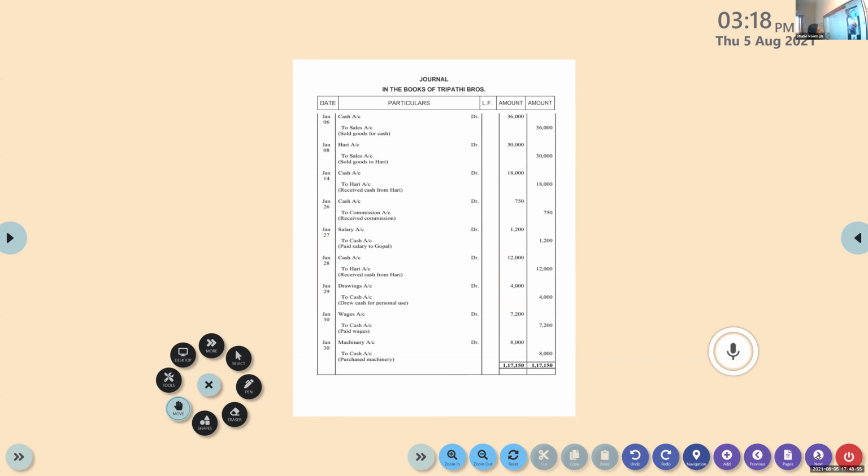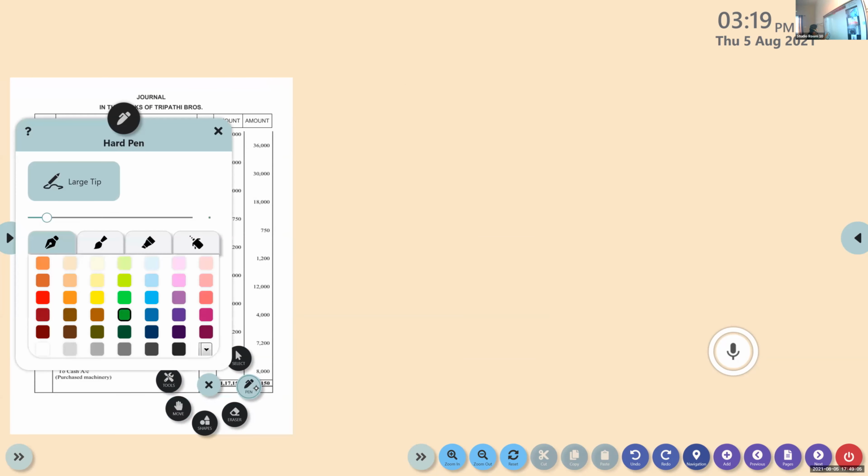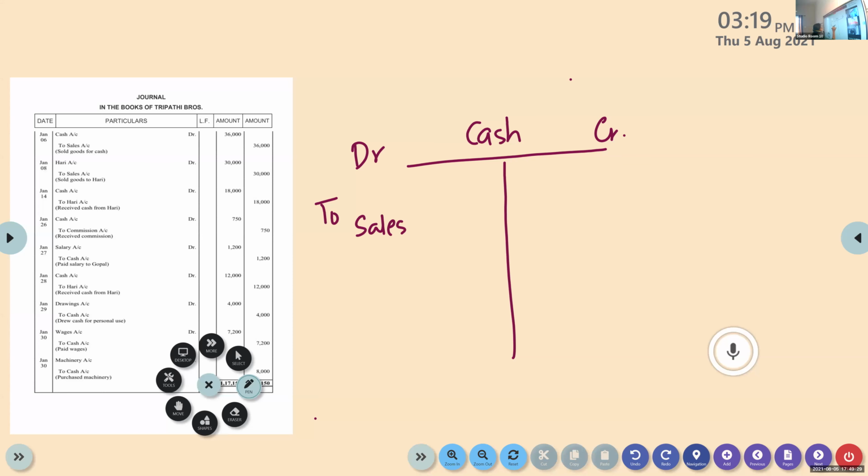Now we are going to post these journal entries into the ledger. Before that, let me tell you something. By now you understood how to post into the ledger. So, let me write: cash account debtor to sales, 20,000.